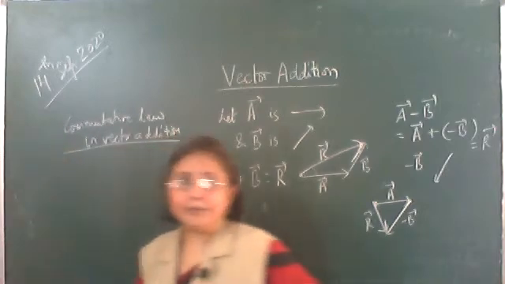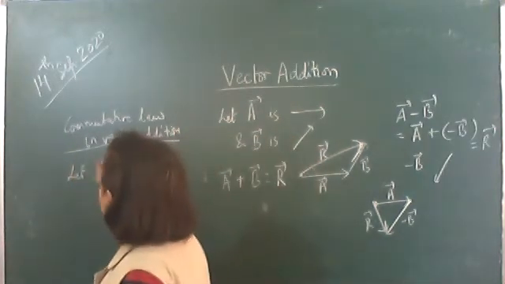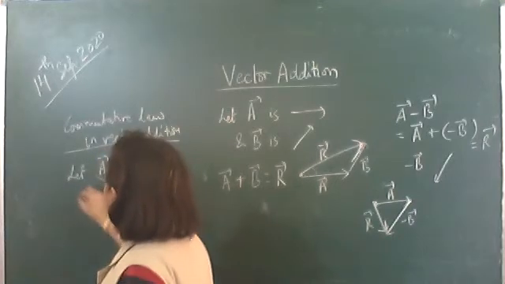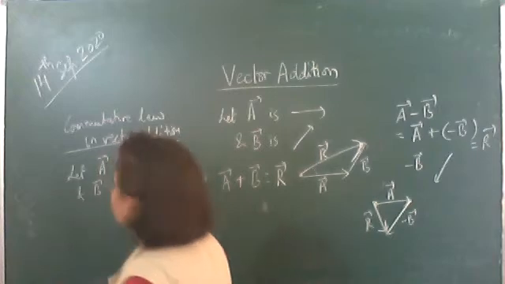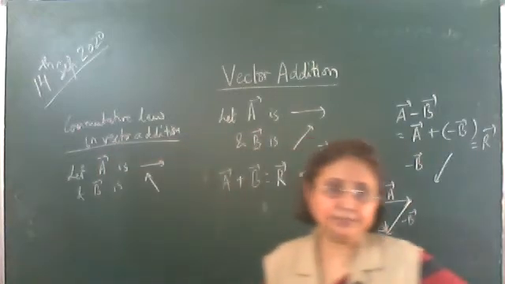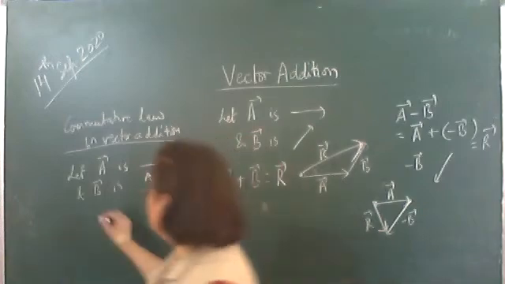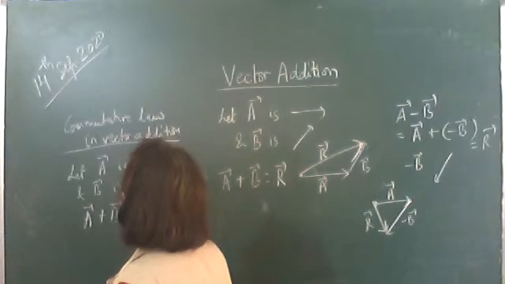Okay, we'll prove it by drawing it. Let A vector is as shown and B vector is, suppose this is the B vector. Now if it obeys commutative law, then A vector plus B vector should be equal to B vector plus A vector.